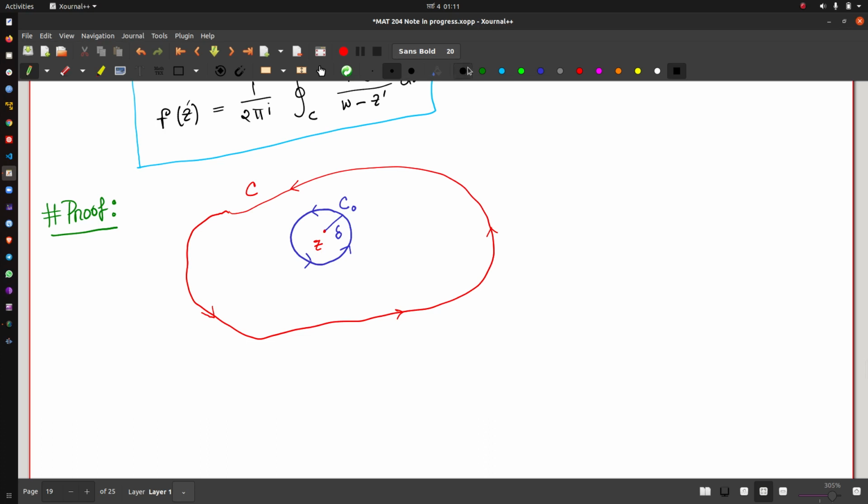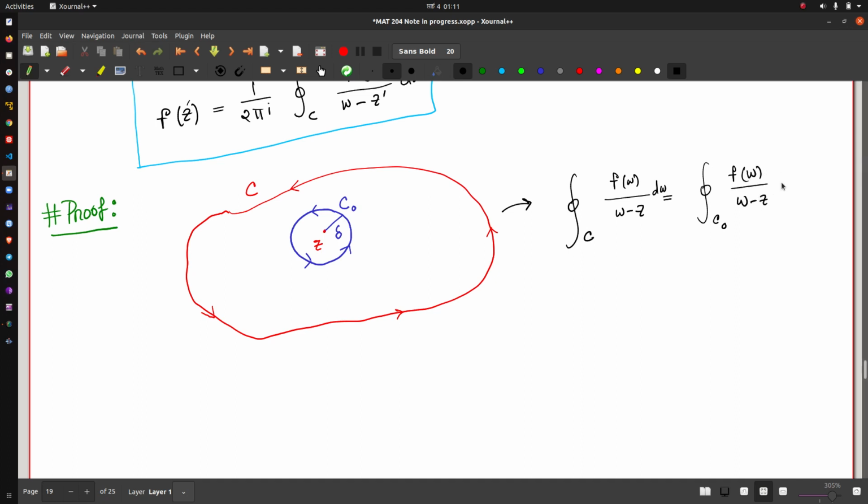Mathematically, this picture will translate into the following: the integral over C of f of w over w minus z dw, it should be w because I'm using w as a dummy variable, is equal to the integral over C0 of f of w over w minus z dw.